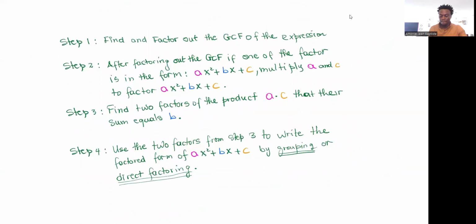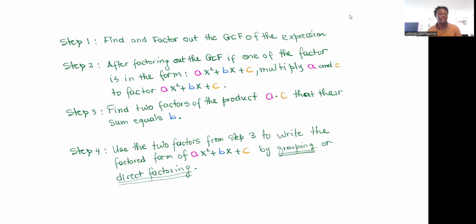First step is to find and factor out the GCF of the expression that you want to factor. Make sure you find the GCF and factor it out. It is necessary that you do so because this will not apply if you don't factor out the GCF.